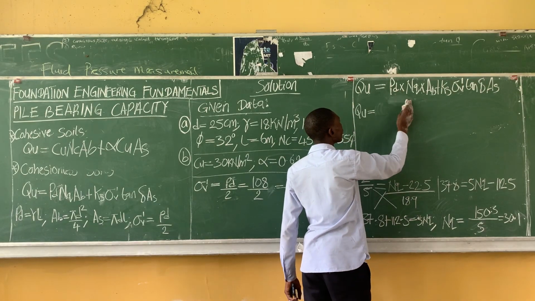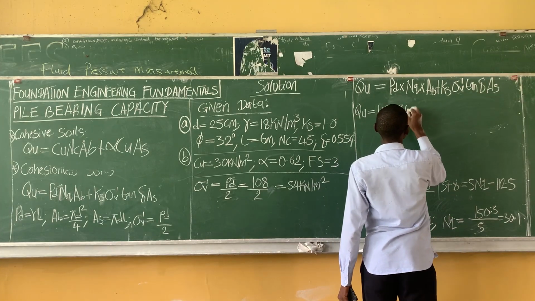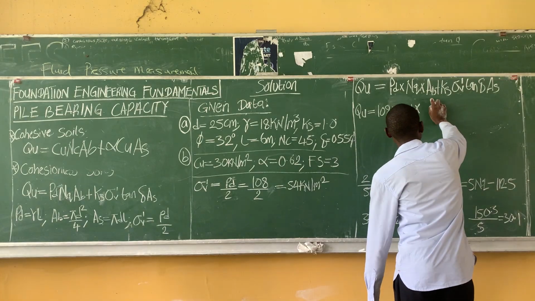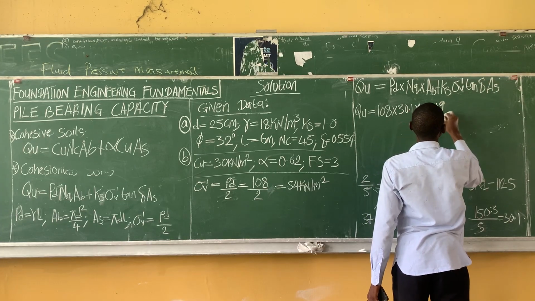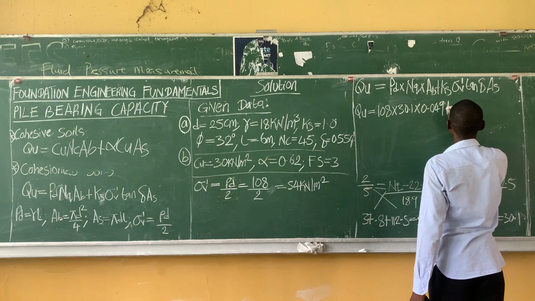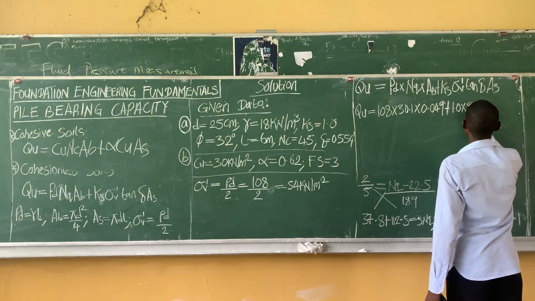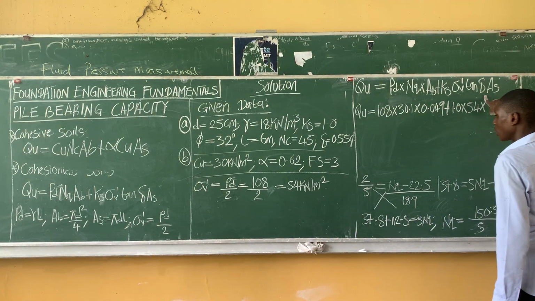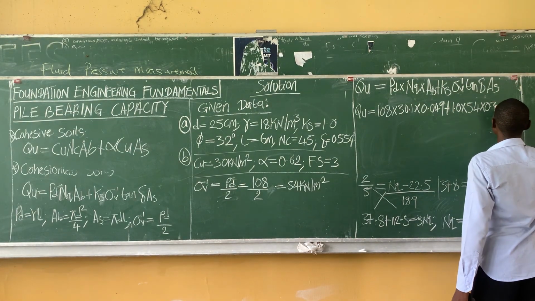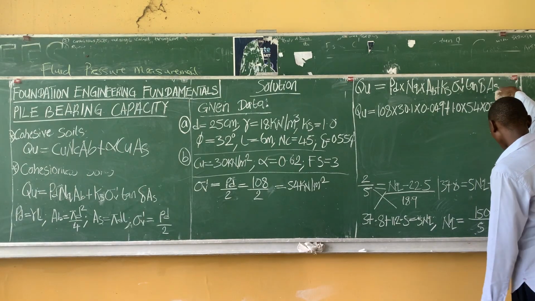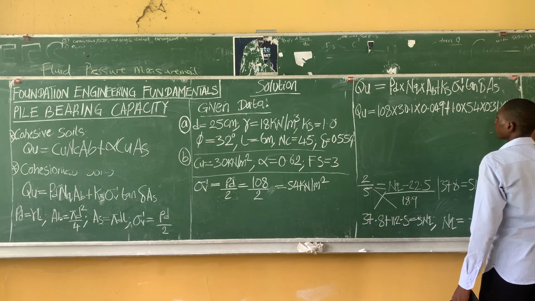We have this to be 108 times our NQ, which is 30.1, times our effective area at the base, A subscript B, which is 0.049, plus our KS given as 1.0 times our sigma V prime, given as 54, times tan delta, times 0.31, times our surface area A subscript S, which is 4.71.